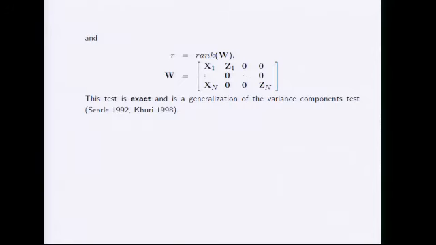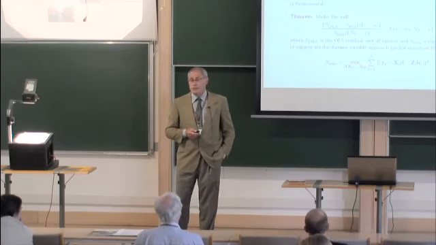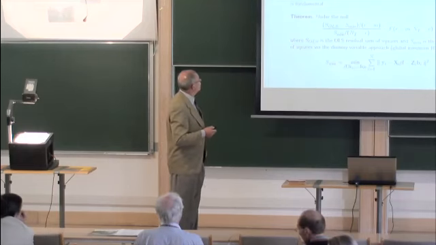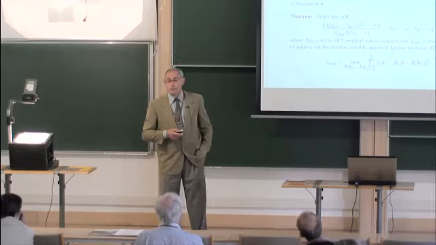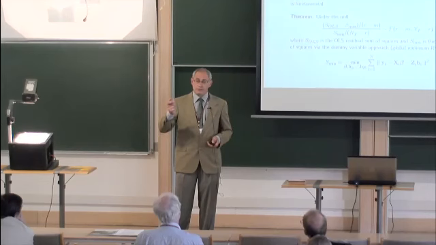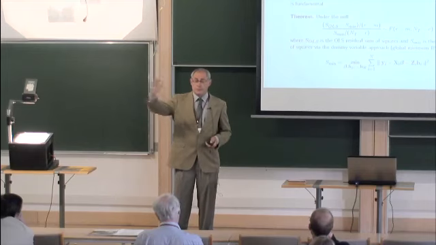Yes? What is the alternative here? Likelihood ratio test. What is the alternative? No, I mean the alternative. Is the alternative that D is positive definite? Or non-zero. So at least one element is non-zero. But the alternative should be that it's positive definite. No, because there are lots of matrices that are zero and positive definite.